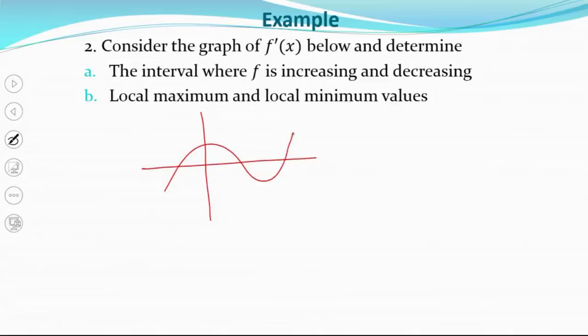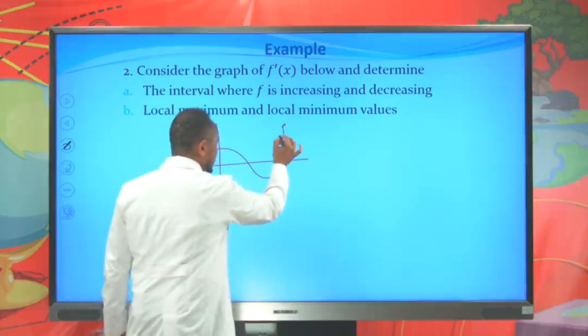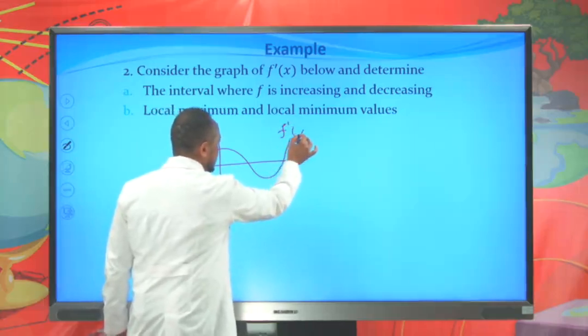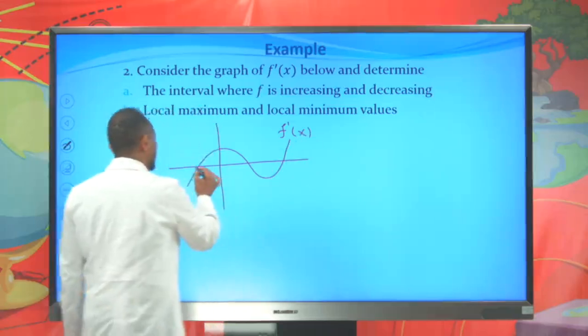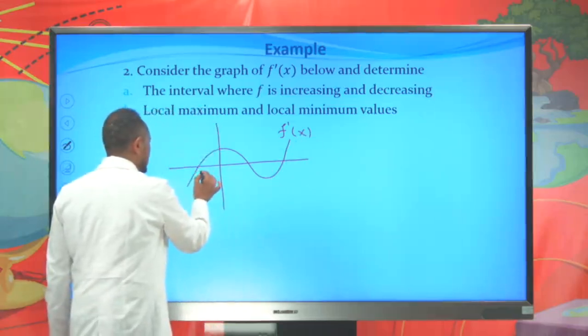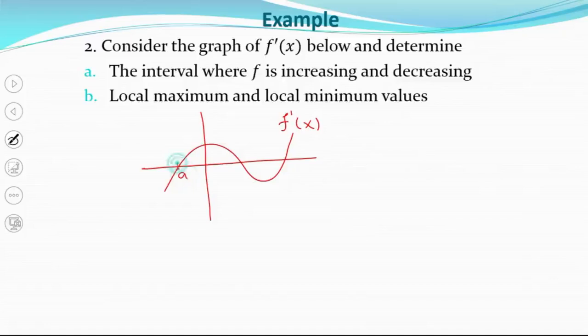Assume this is not the graph of f of x; the graph of f derivative of x is given, and this point is a, this point is b, this point is c.